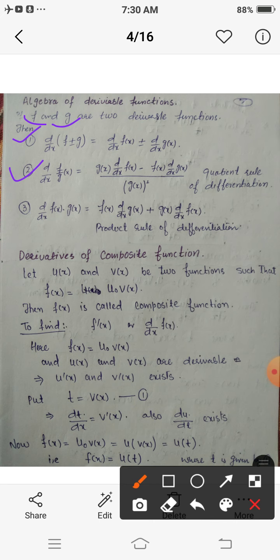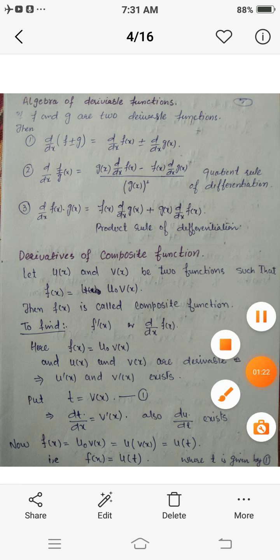Similarly, if we have the quotient function, that is f of x upon g of x, then its derivative is simply over denominator square: denominator into differentiation of numerator, that is f of x, minus numerator into differentiation of denominator, that is d by dx of g of x, provided this g of x is not equal to 0, or simply we can say that g is a derivable function. This is called the quotient rule of differentiation.